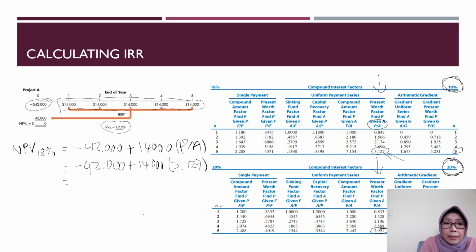From here we get the NPV for 18% is 1778.